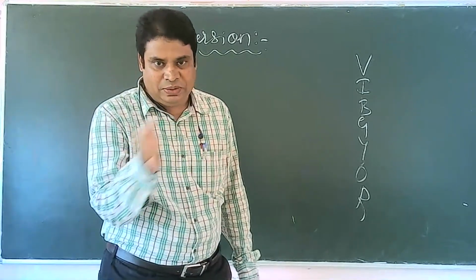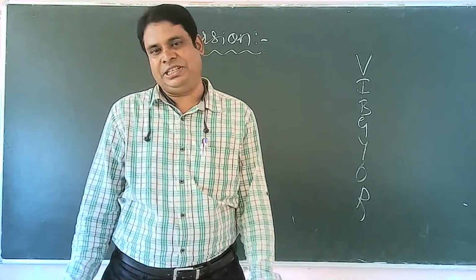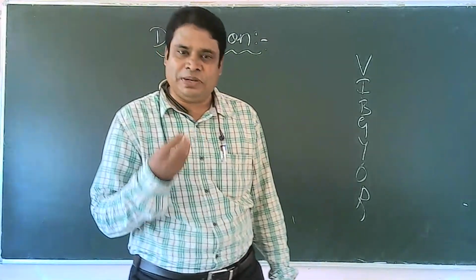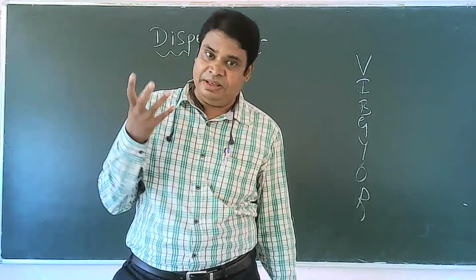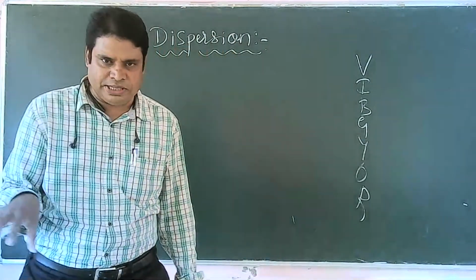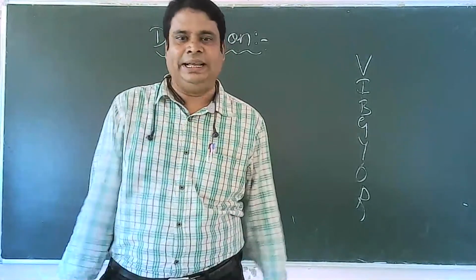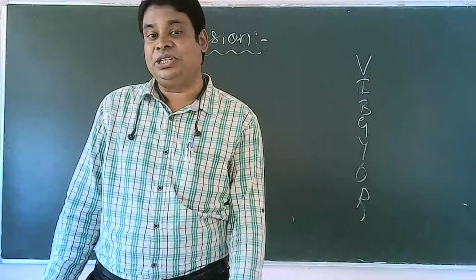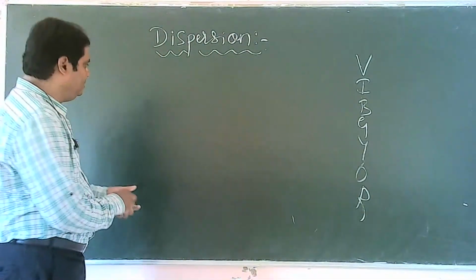This phenomenon is called dispersion. Very simple. Dispersion is a phenomenon in which composite light, after passing through a prism, splits into its constituent colors. You know this from your high school or primary school.